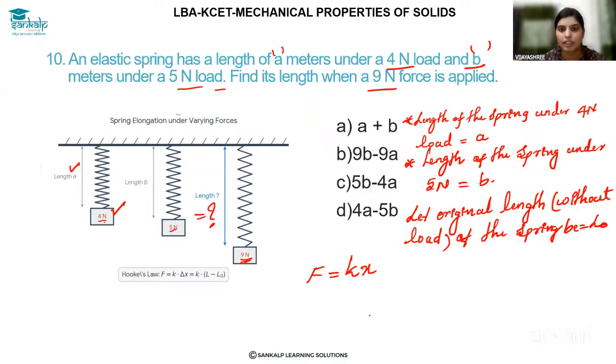We can modify this and write it this way too. So extension can be written as F by K. Here F is the applied force, so applied force is equal in magnitude to the restoring force. K means spring constant and x means extension.